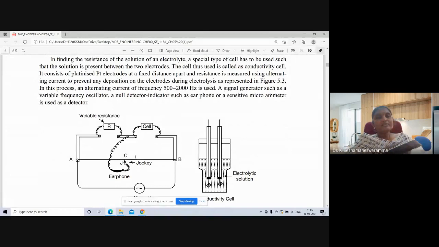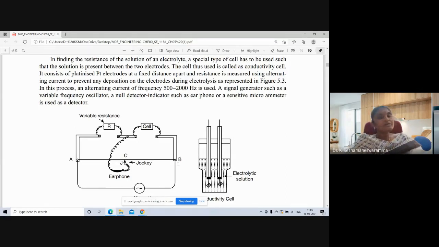So in a Wheatstone bridge, this is the resistance here. This is the cell, the conductivity cell. Here we are using an earphone or null detector, indicator or sensitive microammeter.